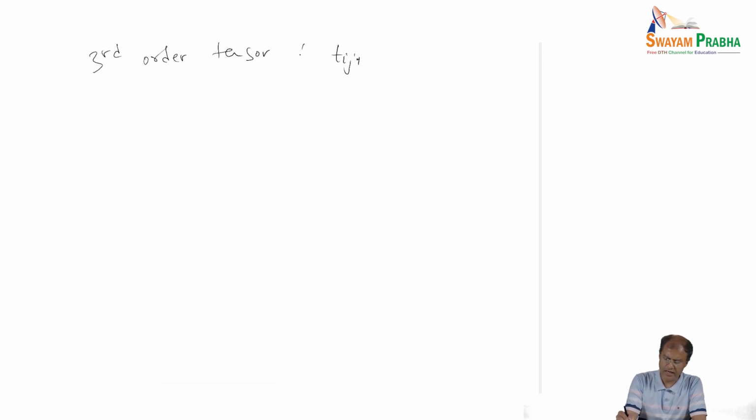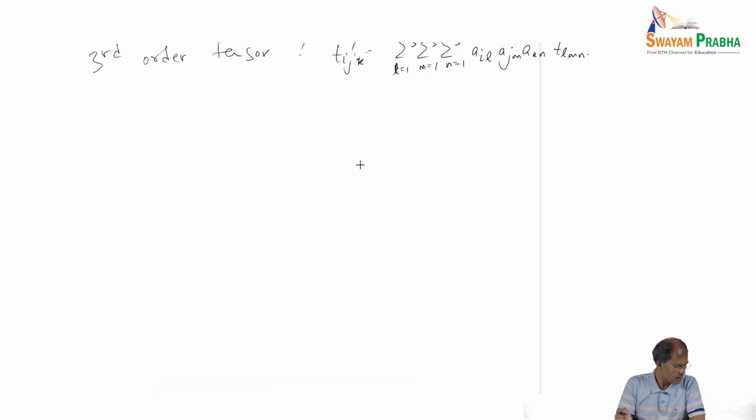So Tijk prime can be written, so this is in the coordinate C prime, as summation l from 1 to 3, m from 1 to 3 and n from 1 to 3, ail, ajm, akn, tlmn, right? So this is how the third order tensors are related. So there are 27 components in total, 3 cross 3 cross 3.